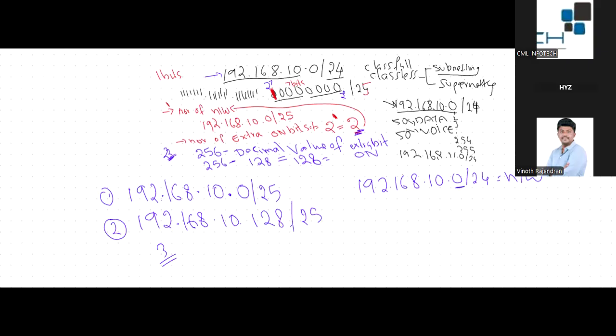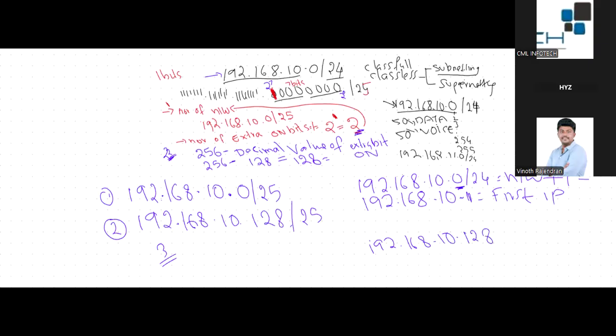Now network plus 1 is your first IP. So 192.168.10.1 is your first IP. And you can write your next network. What's your next network? 10.128. This is your next network.